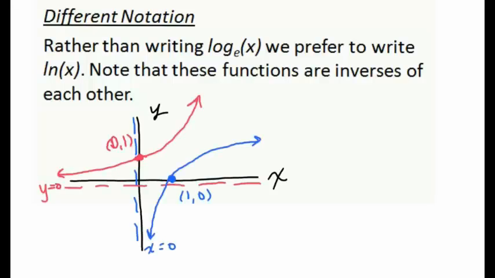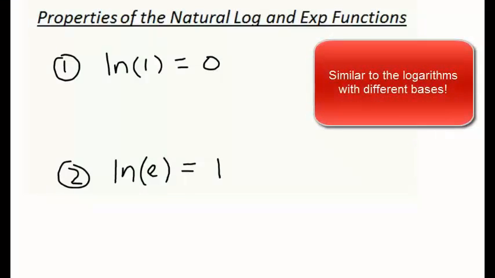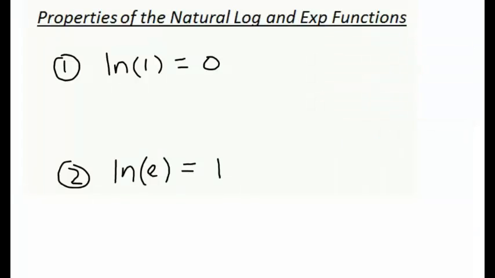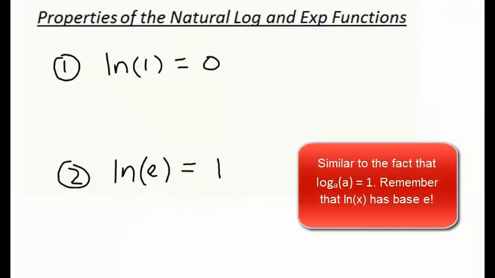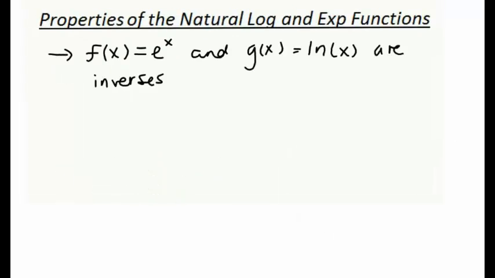One thing that is important to note is that the function e to the x and the function ln of x are inverses of each other. Let's take a look at a couple properties of the natural logarithm. The first one is that the natural logarithm of 1 is equal to 0. Also, we have that the natural logarithm of e is equal to 1. The next two properties come from the fact that e to the x and ln of x are inverses of each other.